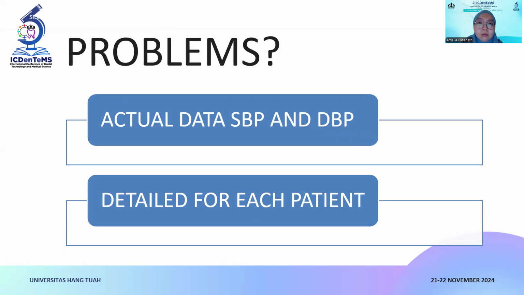The problem of current research, and also our aim of research, is that there is no actual data about systolic blood pressure and diastolic blood pressure. That's why we want to know more deeply how lidocaine and adrenaline 1:200,000 affect systolic and diastolic blood pressure.